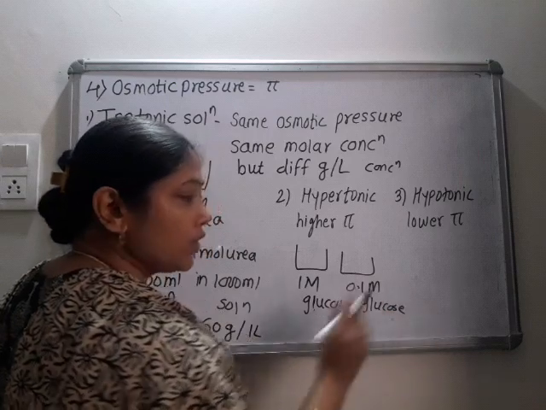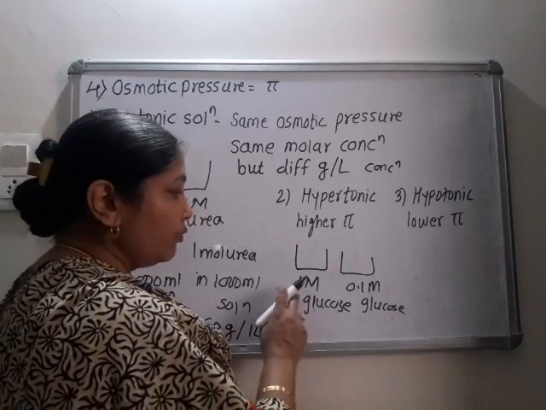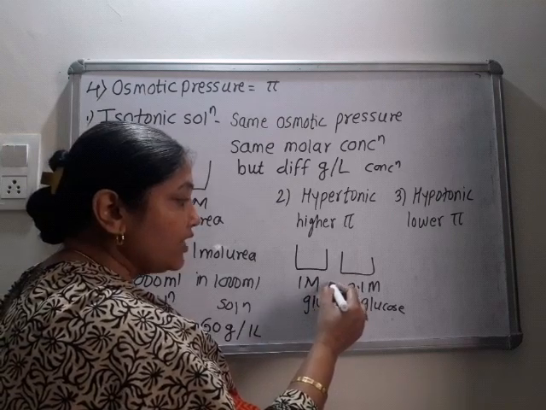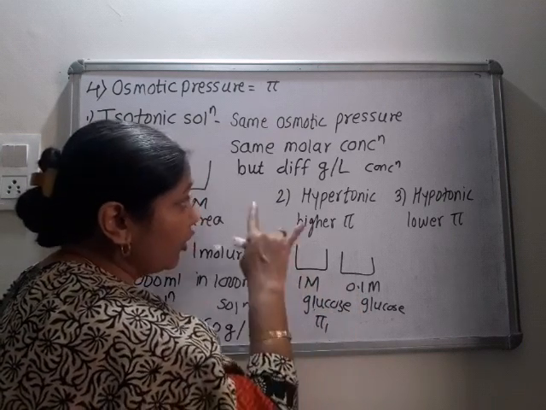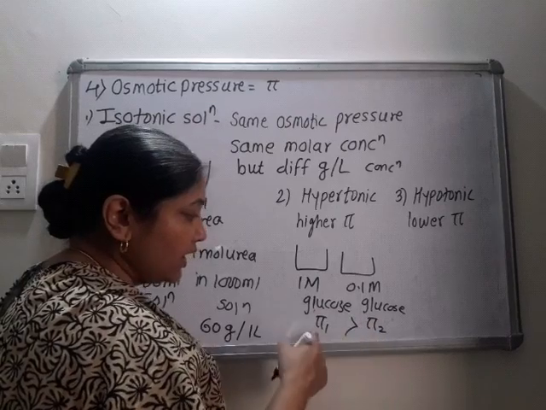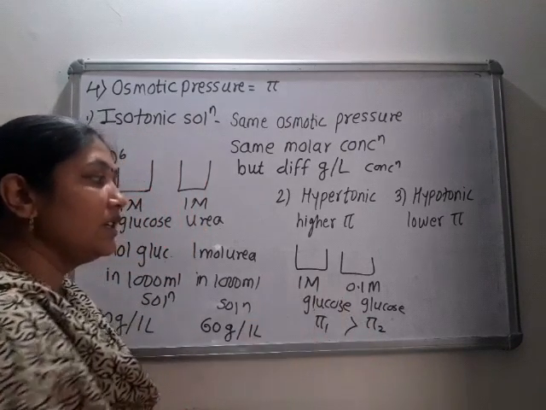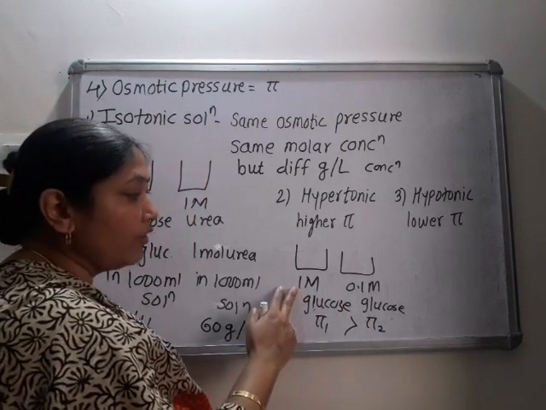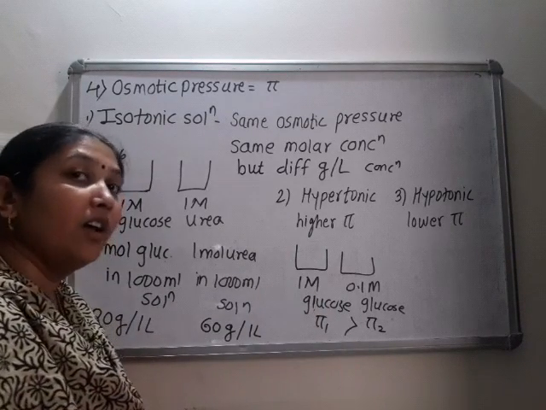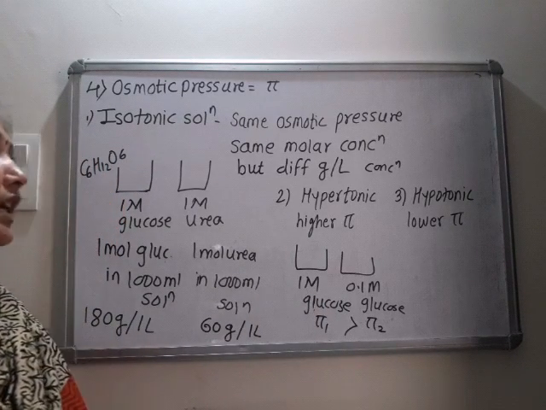Both are glucose solutions, but this is concentrated. Its osmotic pressure is pi 1, its osmotic pressure is pi 2. So this is hypertonic, this is hypotonic. Hypertonic always has more number of moles, and hypotonic always has less number of moles in it.